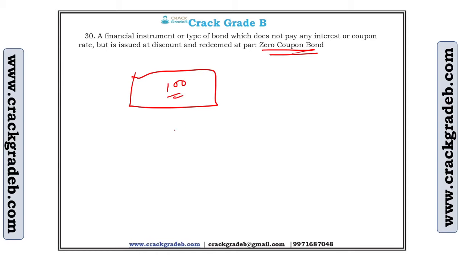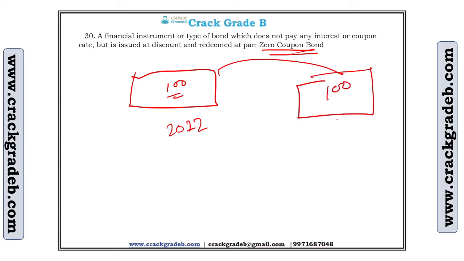So the government will say today is 2022, okay? So I will pay you the same 100 rupees in 2032, which means this is a 10-year bond. Now why will you invest your 100 rupees now to get the same 100 rupees in 2032? Nobody will invest, right? But this is issued at a discount. The government will tell you, now you will have to pay just 90 rupees.